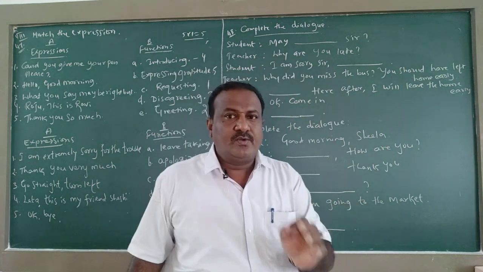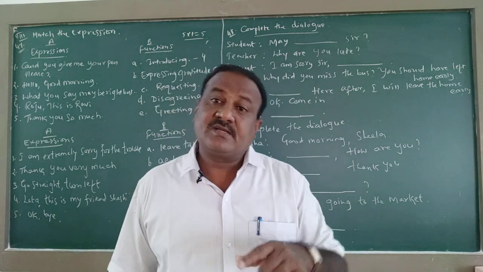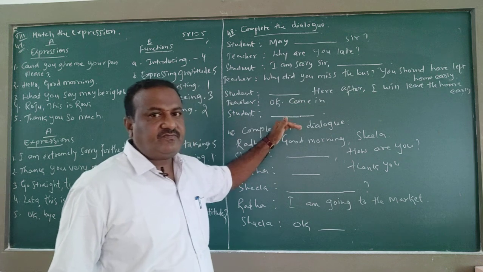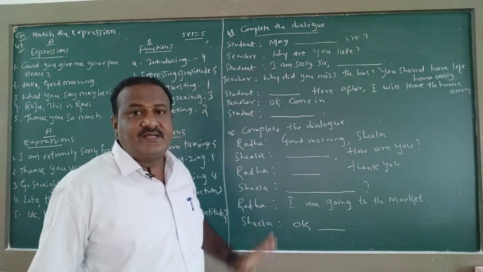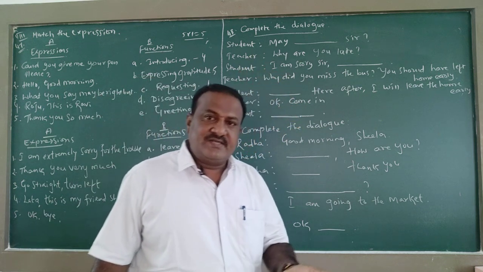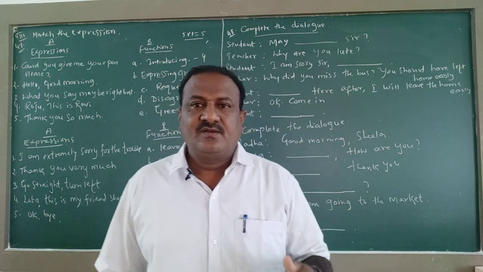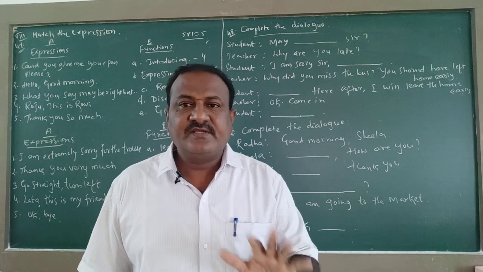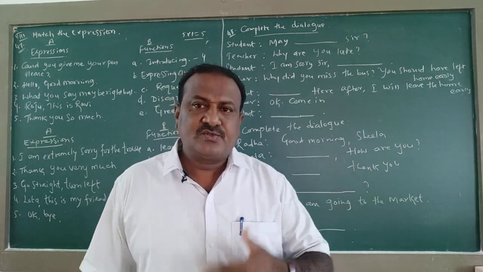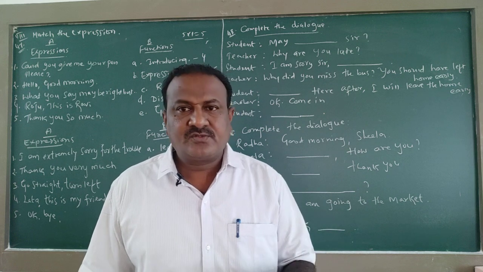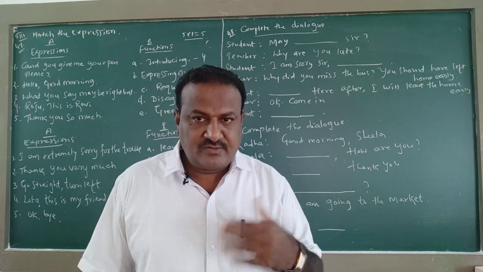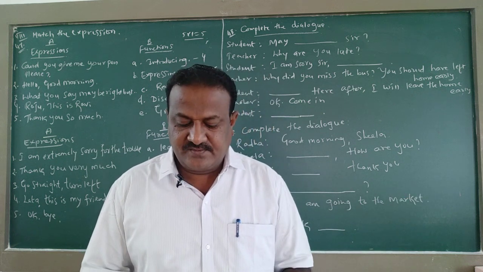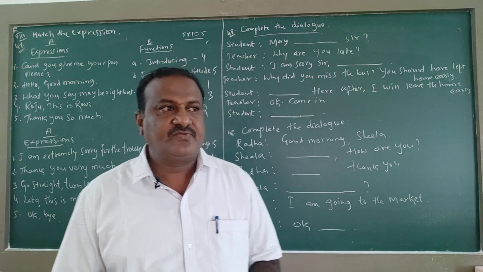Next, I told you 12 marks will come from that. Same thing, but here quite different. What is it? Complete the dialogue. Even the examples which they have given in your workbook, I think you are done, and some dialogues and conversations I have explained in my previous class, and let us see today what it is.